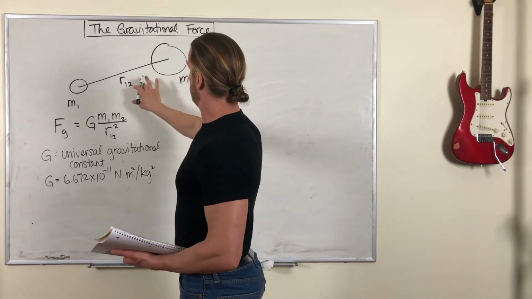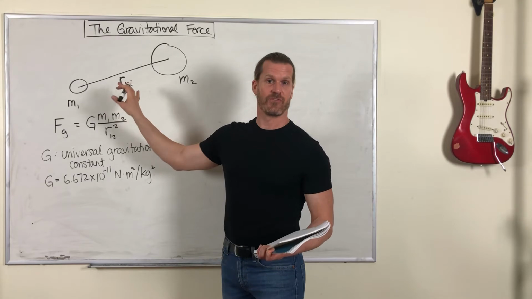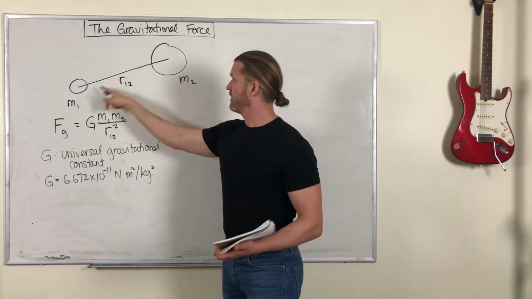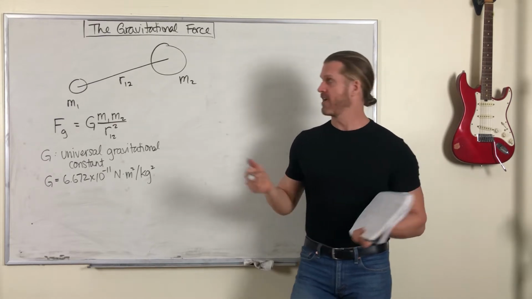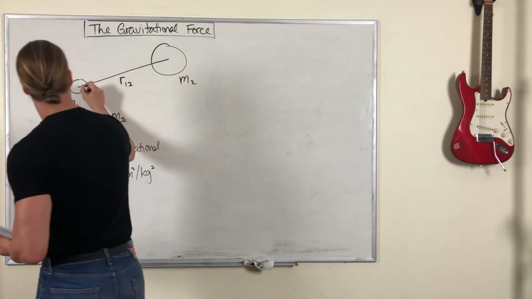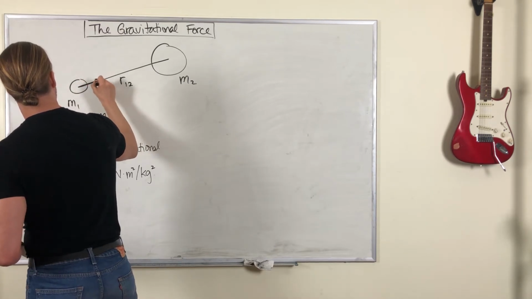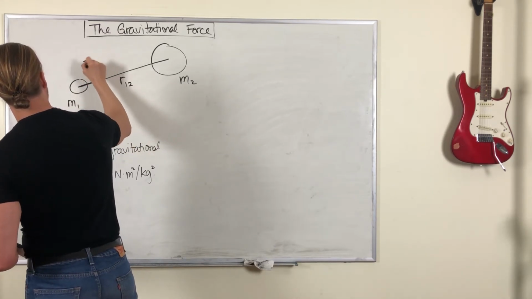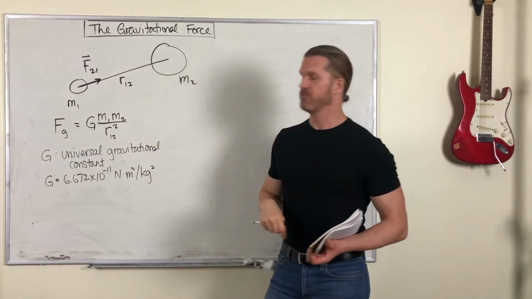Let's think about force vectors and Newton's third law now. So if these two objects are pulling on one another via gravity, that means that object 1 is experiencing a gravitational force from object 2.